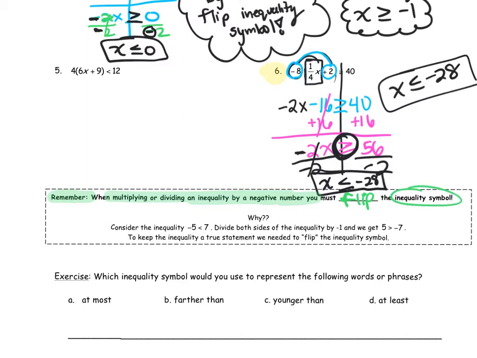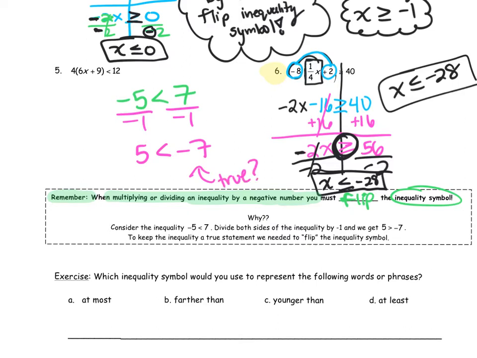Okay, and then now just a little brief explanation, guys, as to why do we do that? What's even the point? Think about the inequality negative 5 is less than 7. That's true. Okay, well, if I divide both sides by negative 1, right, I'm allowed to do that. That's the division property of equality. I now have 5 is less than negative 7. Is that true?